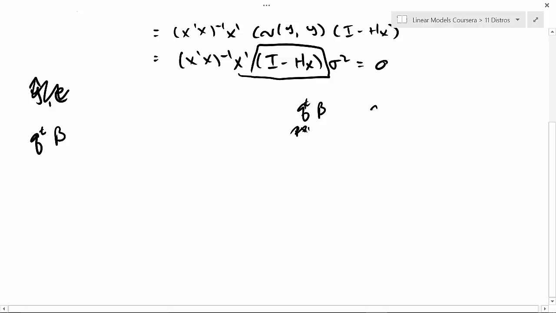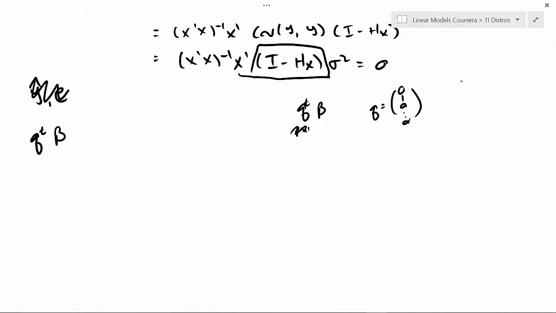So as a simple example, Q might be equal to, say, 0, 1, 0, 0, 0, and then Q transpose beta would just pick off the second component of the beta vector. Or this contrast could pick off every component of the beta vector, but often we might be interested in the difference between two coefficients and so on.